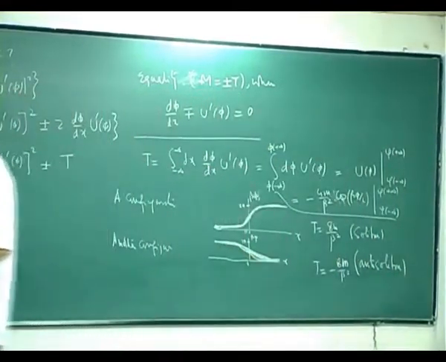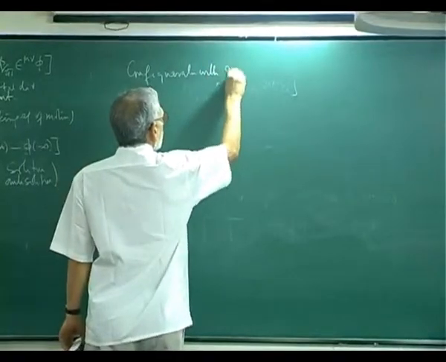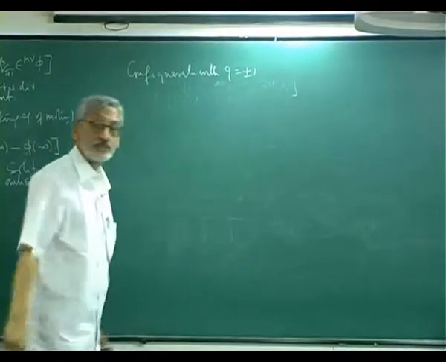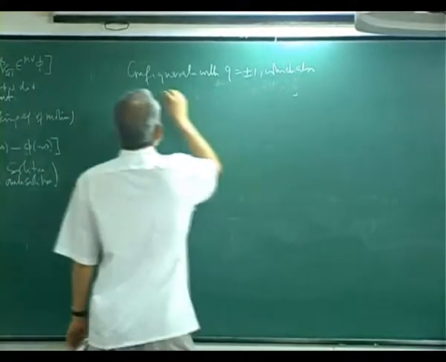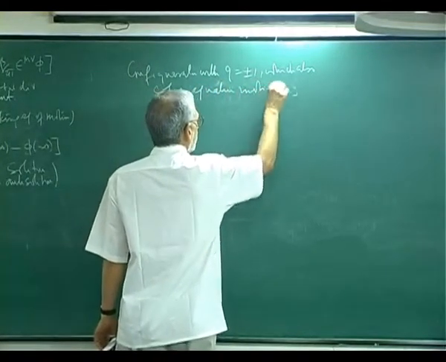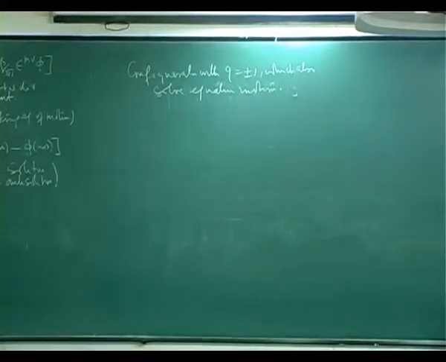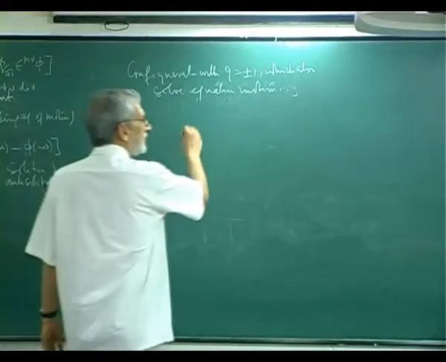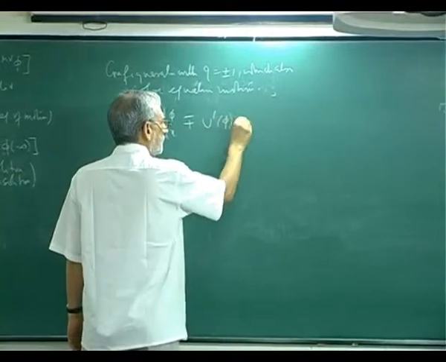So configurations with q equal to plus minus 1, which also solve equations of motion. Configurations which solve equations of motion are also the extremum of the Hamiltonian. So which means they solve d phi by dx equals plus minus u prime phi.